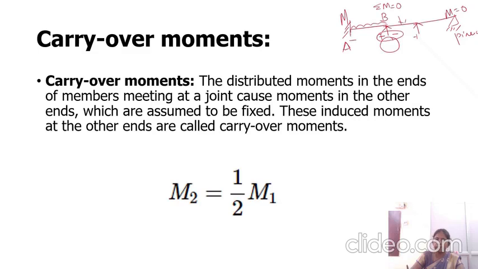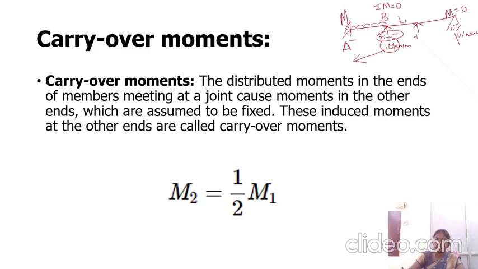Here, if it is 10 kilonewton meter of unbalanced moment, you can carry over this 10 kilonewton meter to the support A, because it is a fixed support, and fixed support normally has moment values.